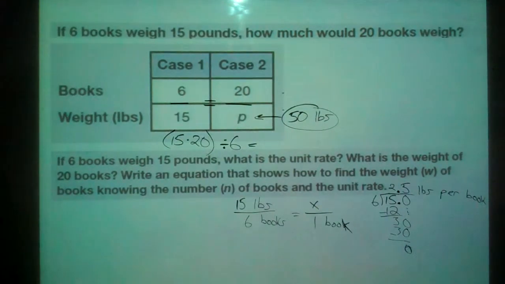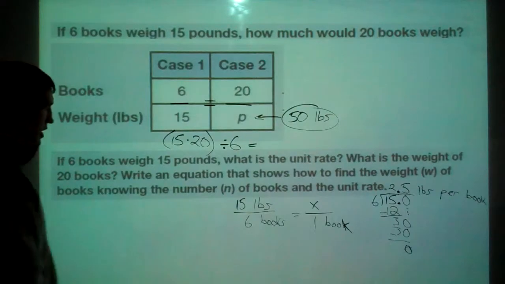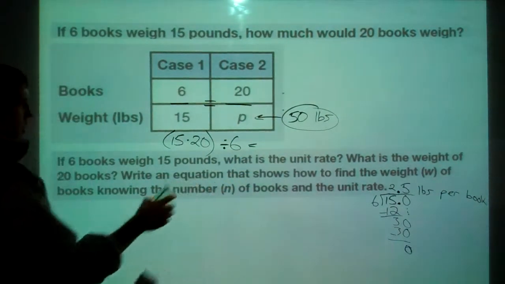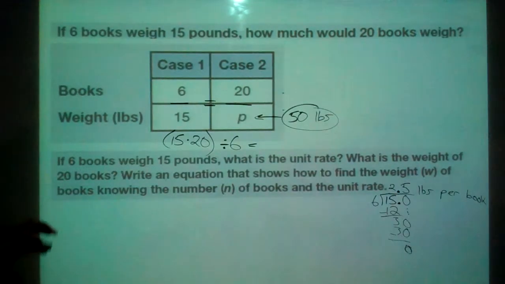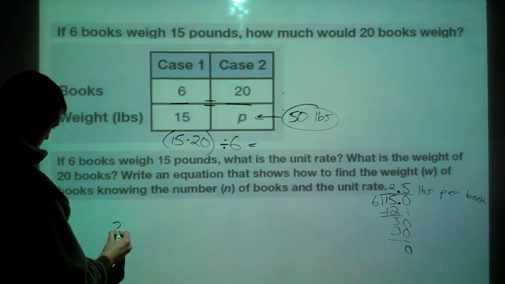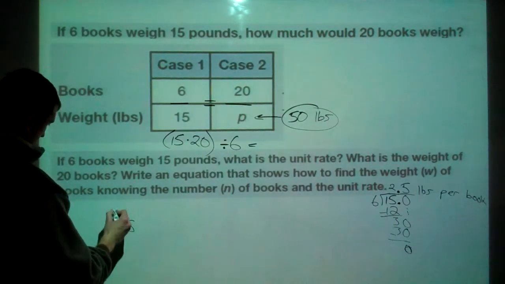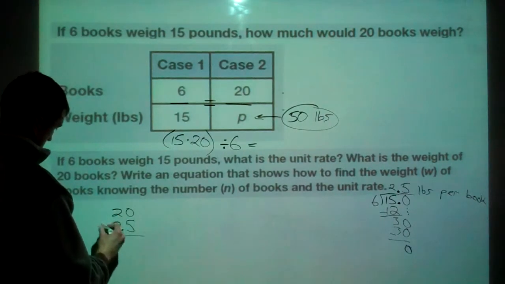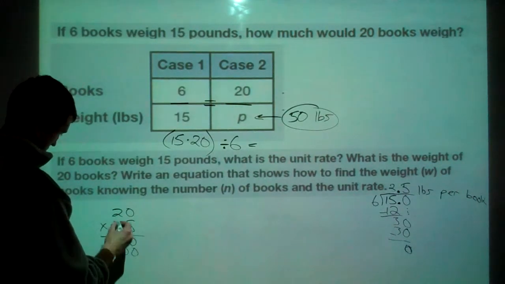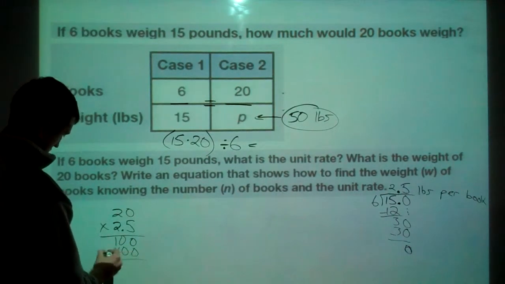So then if we use that rate, the unit rate, we can figure out the same answer to this question this way. It now asks, what is the weight of 20 books? Well, we know that one book is 2.5 pounds, so we just multiply it times 20. So 0, 10, 0, 4.